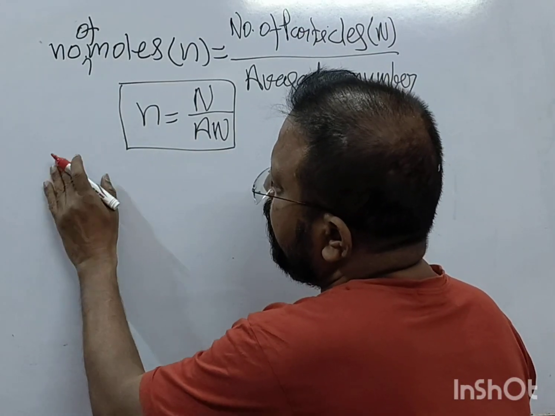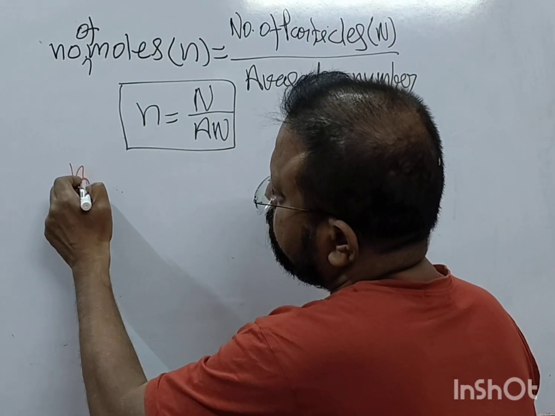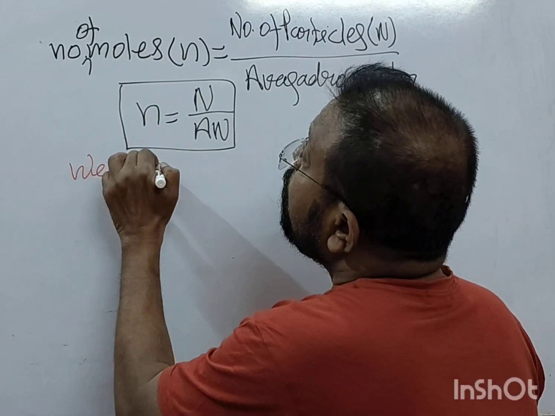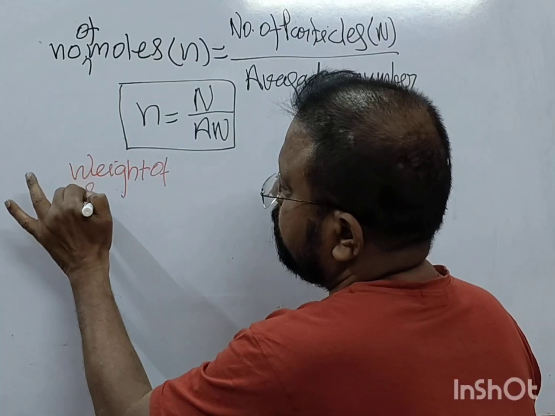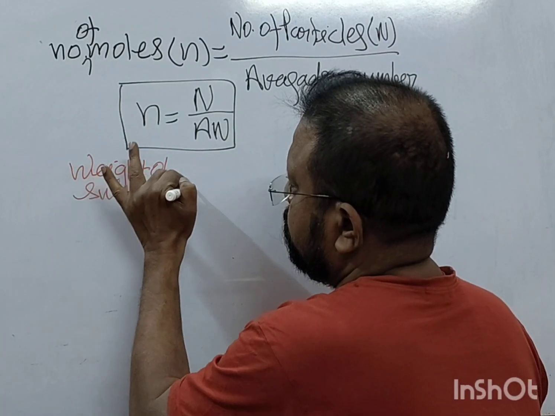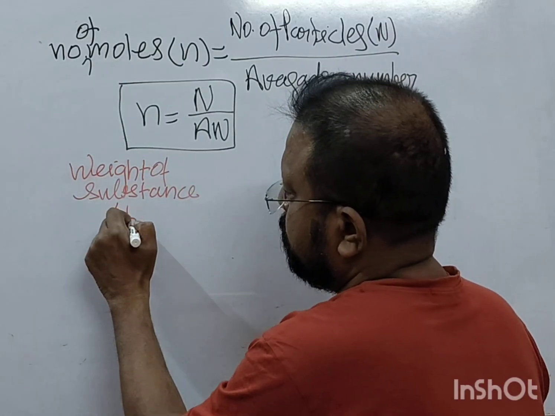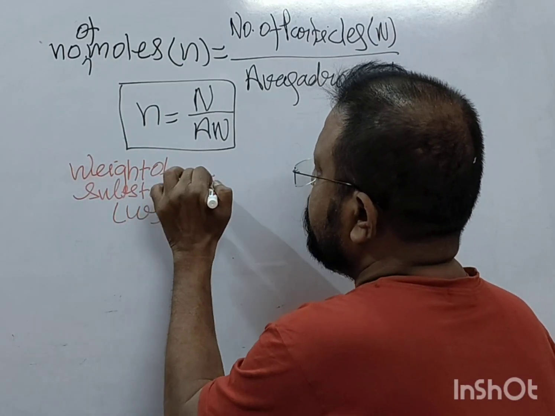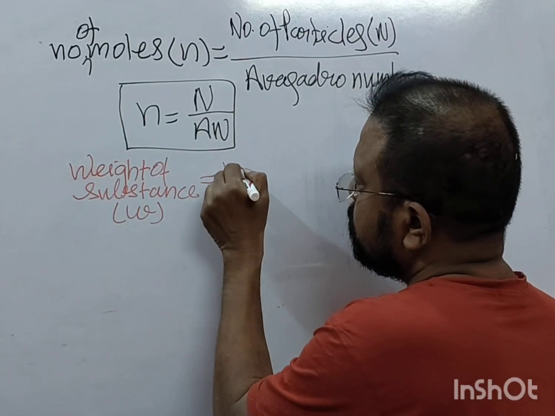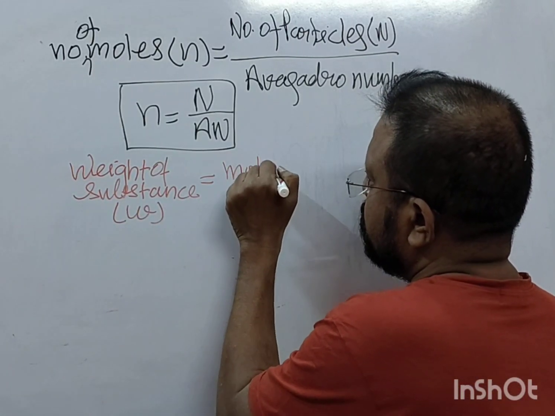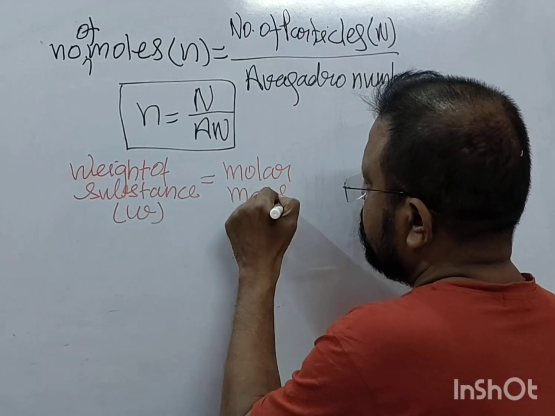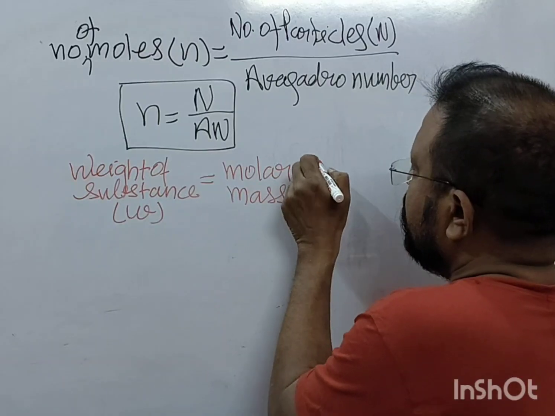Another one is mass or weight of substance, W, is equal to molar mass into number of moles.